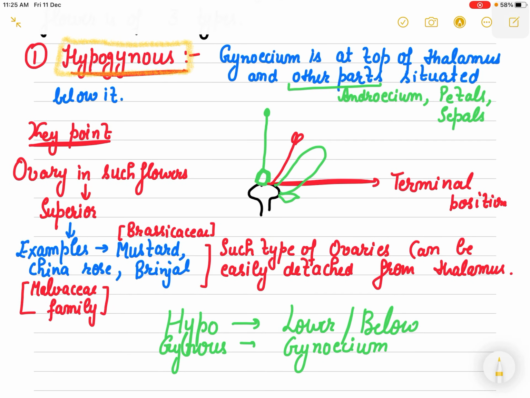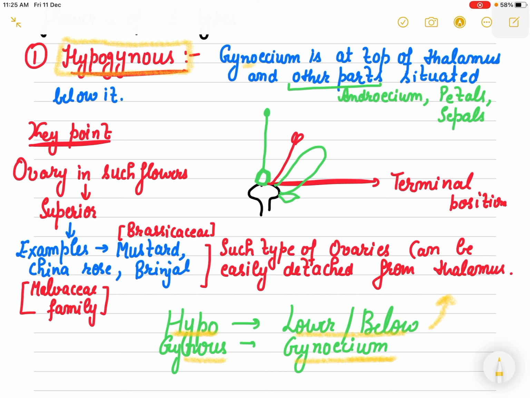Hypogynous. Now, just don't mug up the things. Just try to understand the concept. Hypo means something which is low, right? Lower or below. Gynous we are using for the gynoecium. It means here in hypogynous type of flower, calyx and corolla and androecium, they are below the ovary.